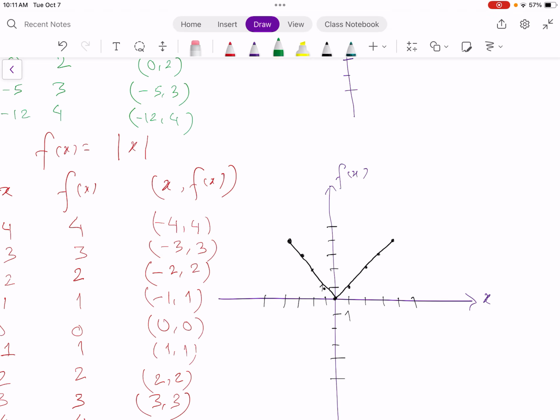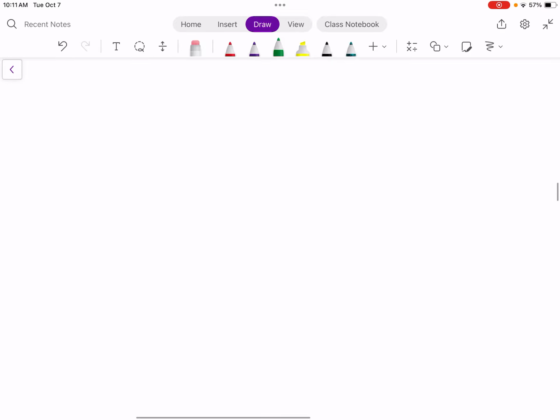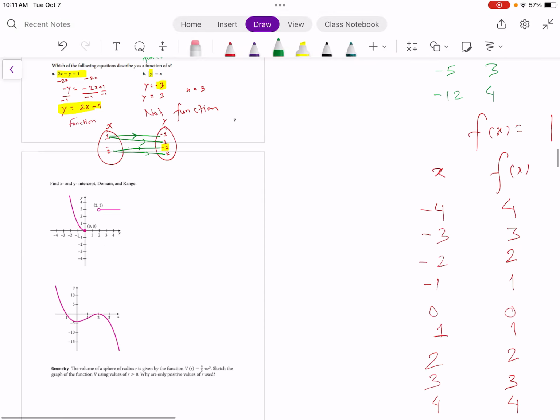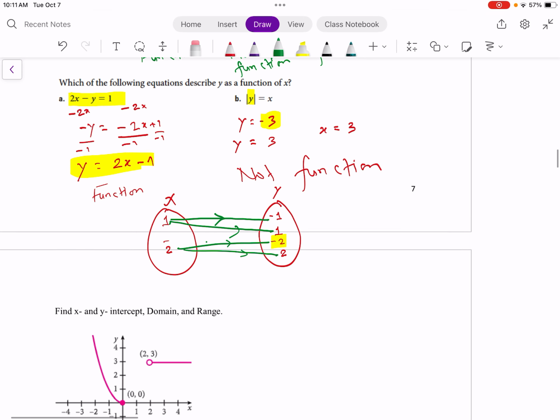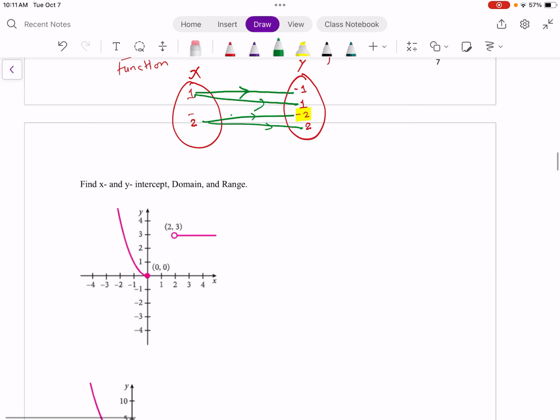So using the vertical line test, we can tell this graph is a function. It's not that absolute value is not always a function, but this equation, absolute value of y equals x, is not a function. Or you can just graph this and use the vertical line test. Draw a vertical line, and if it crosses more than once, then it is not a function.